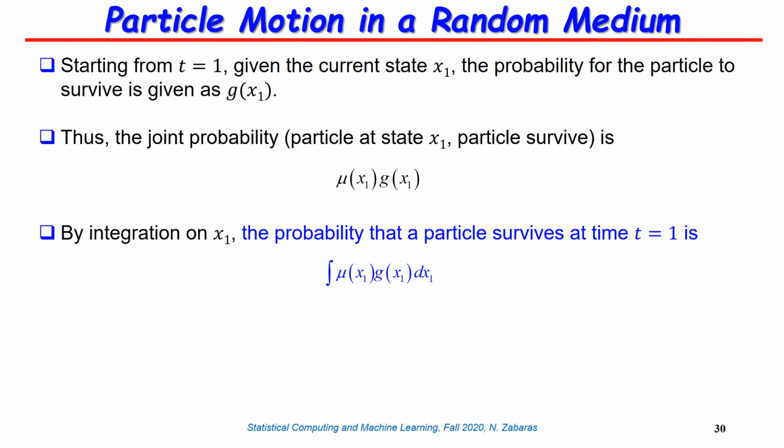If you want the particle to survive at time 1, this is the underlying probability of survival at time 1. Why is that? Because for the particle to survive at time 1, it has to be generated at some state x1, and then it has to survive at that state, and you remember the probability of survival is g of x1. And because x1 is a random state, this probability of survival at time 1 has to be this integral over all possible values of x1.